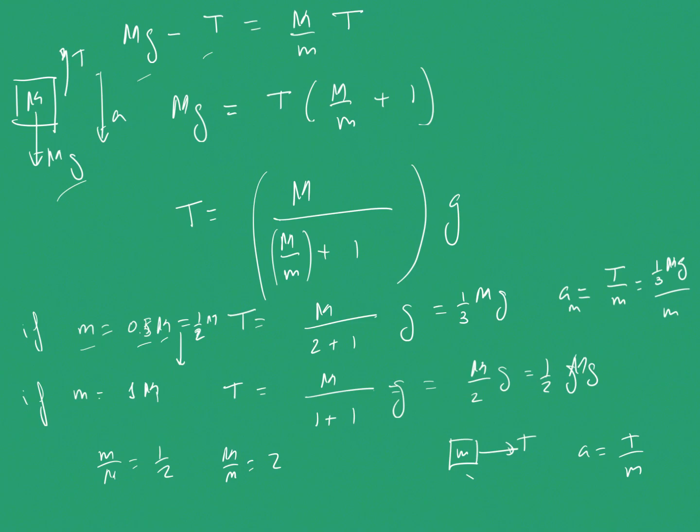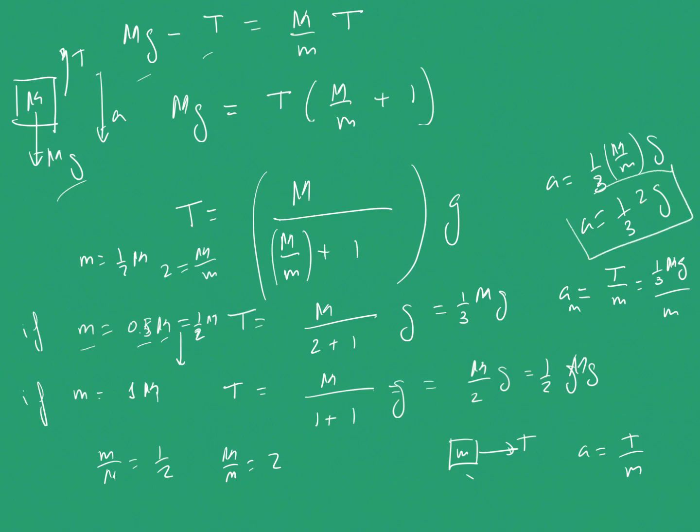In this case, the acceleration will be 1/3 of M divided by m times g, and now capital M divided by m is 2. You see, if m is equal to 1/2 of M, 0.5, capital M divided by m is 2. So 2/3 of g. So this is the acceleration of the body.